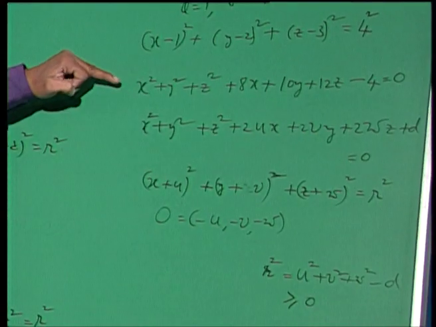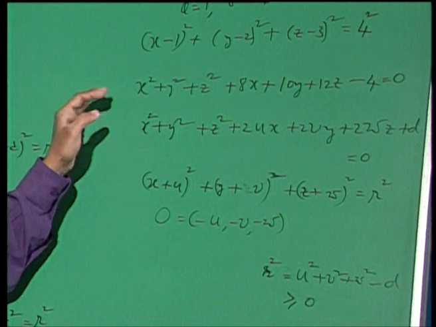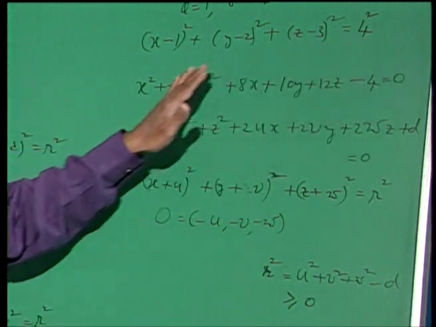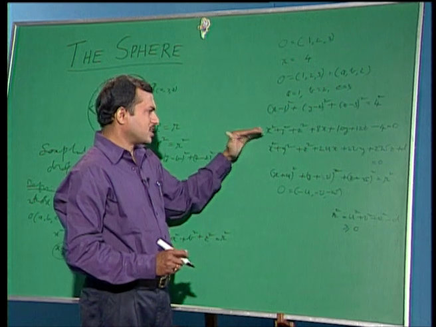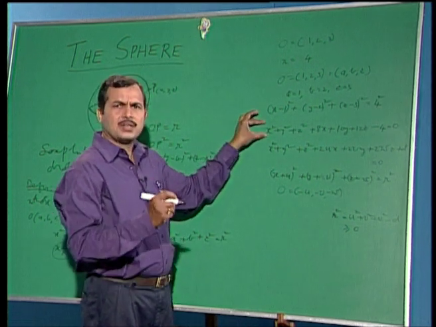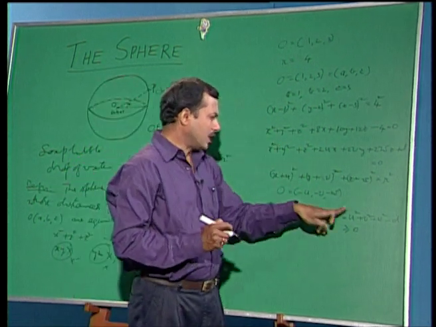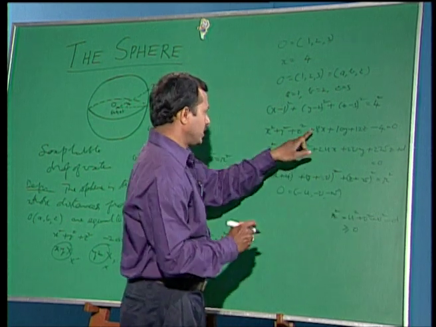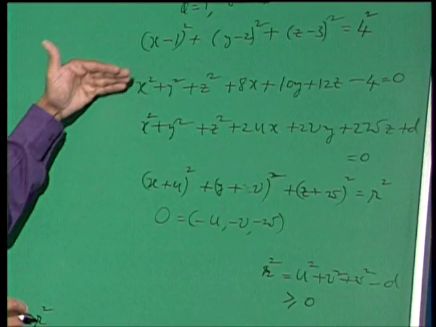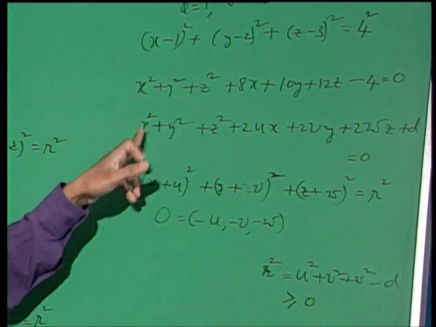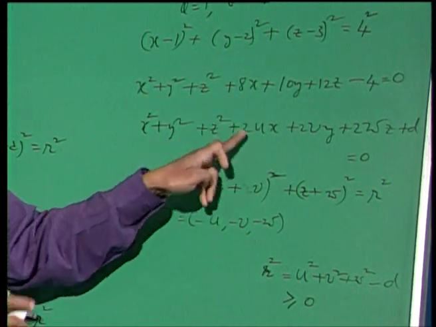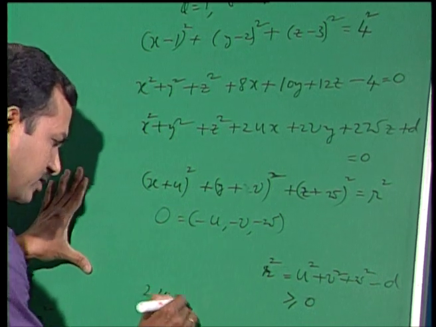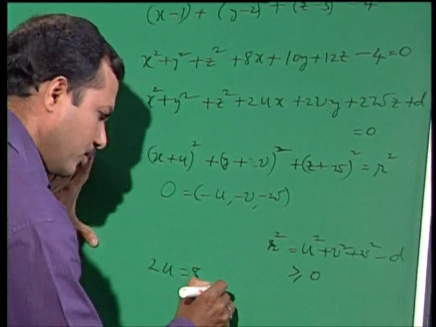Now, let us come back to this question. Let us consider this equation and check whether it represents a sphere or not, which means we have to test this condition. Let us compare these two equations. x square plus y square plus z square tallies with this. 2ux is 8x, therefore 2u is equal to 8, which means u is 4.